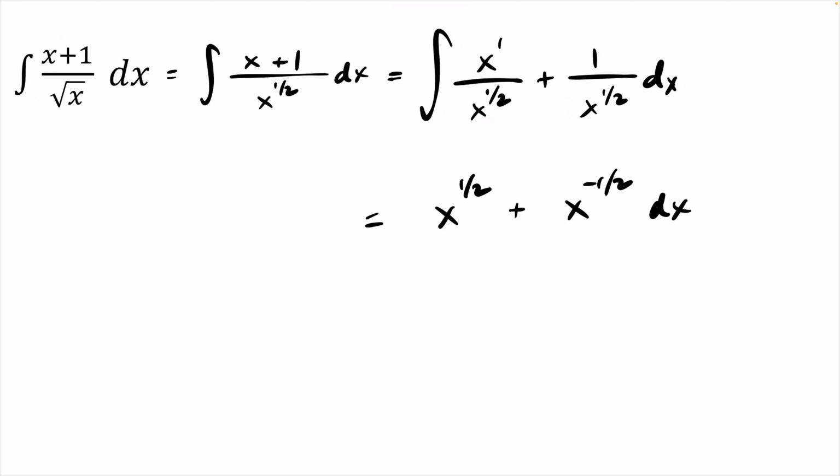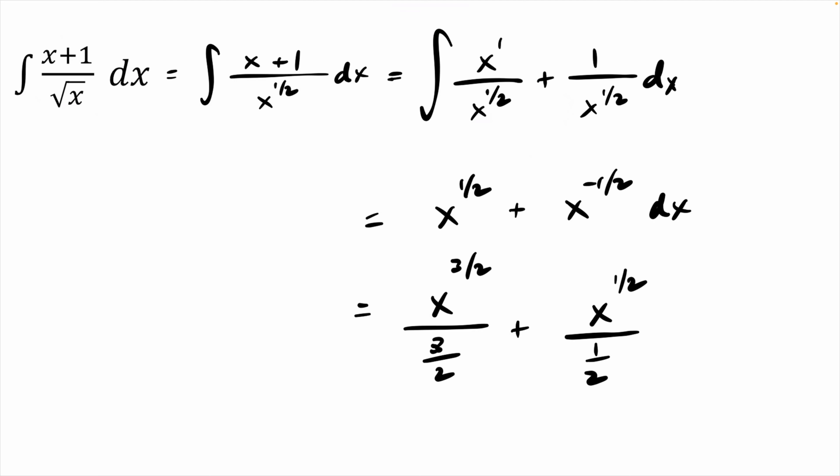Add a power. So if I add a power to 1/2, how many powers do I have? 3/2, right? And then I got to divide by that new power, 3/2. If I add a power to negative 1/2, what do I have? Positive 1/2, right? And then I got to divide by that new power.